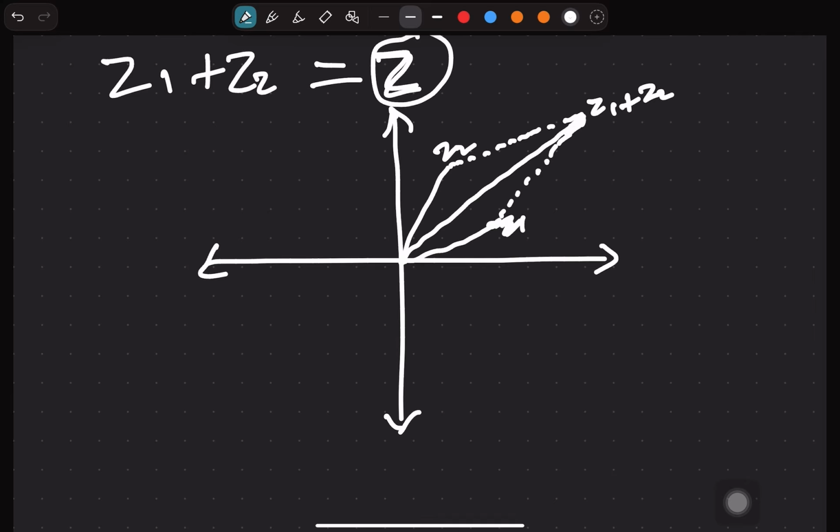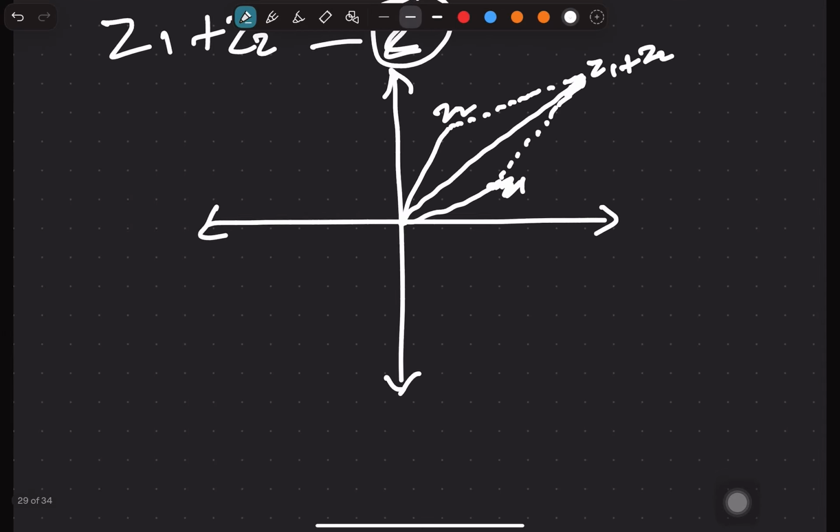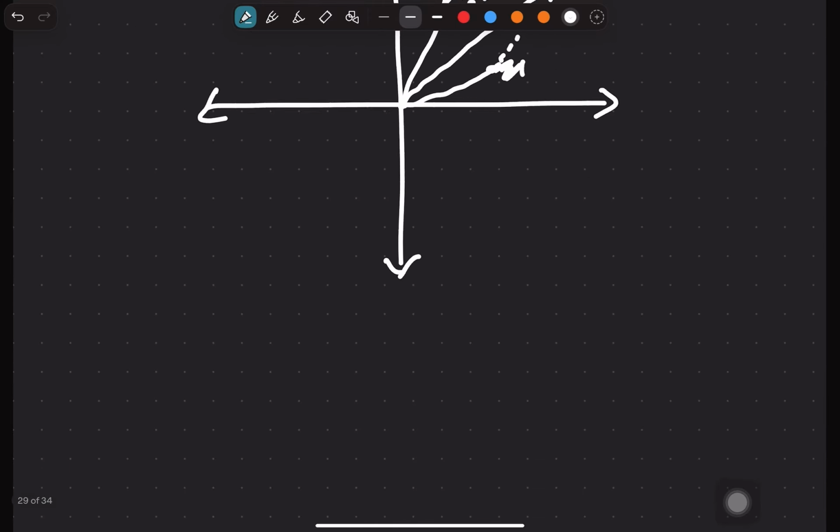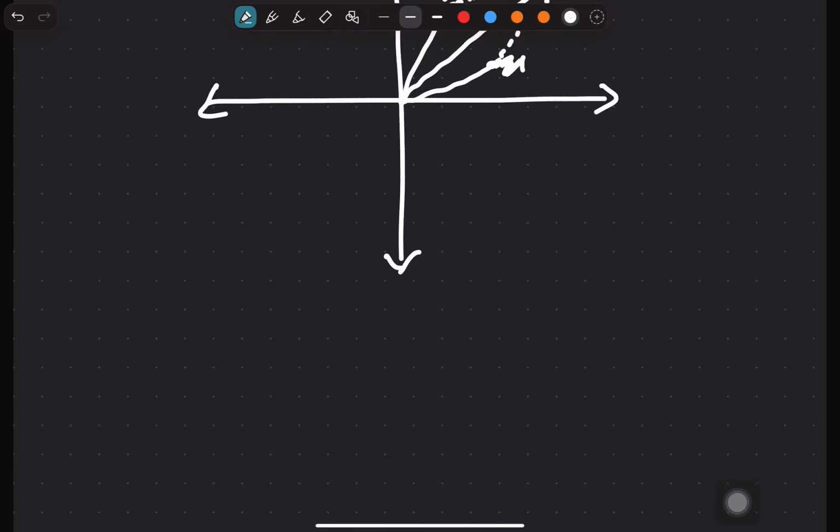Now, what is this triangle inequality trying to tell us? First of all, let's go back to normal plane geometry before we come back here. Now, the triangle inequality, when you have a triangle, let's say sides A, B, and C, and let's denote C as maybe our longest side.